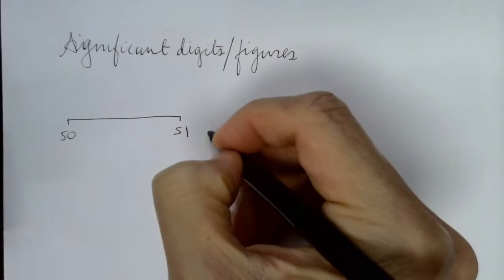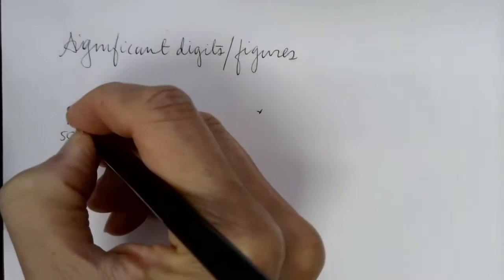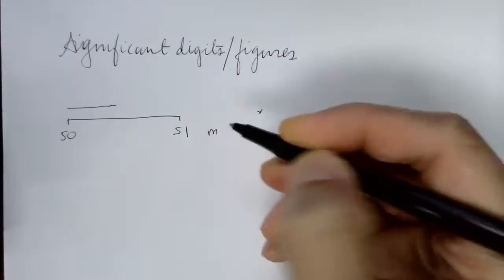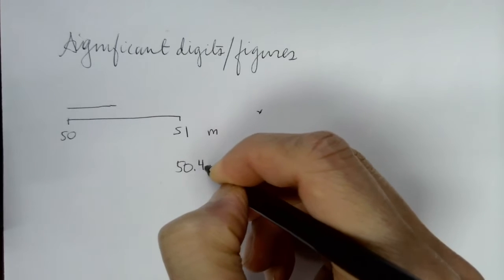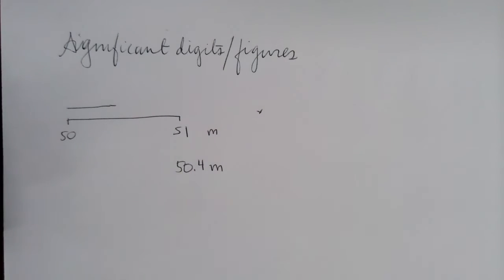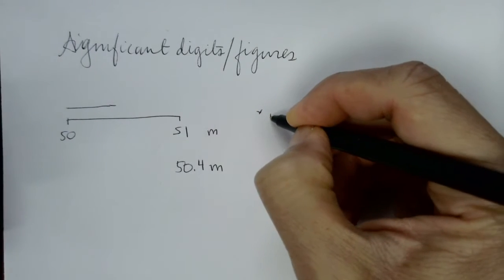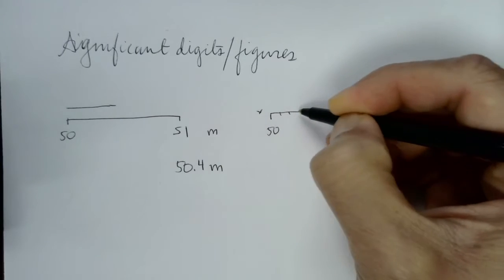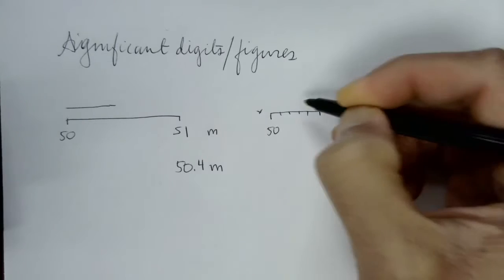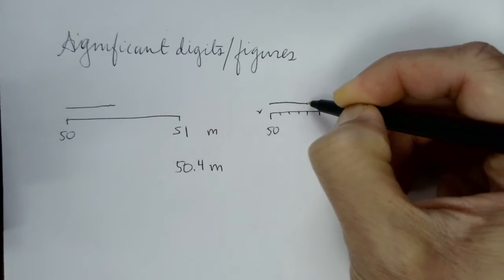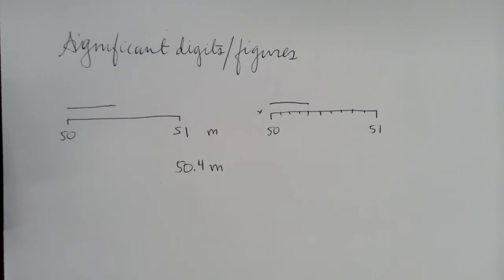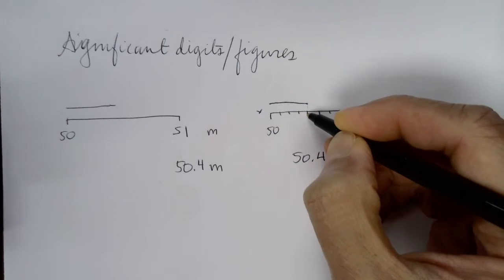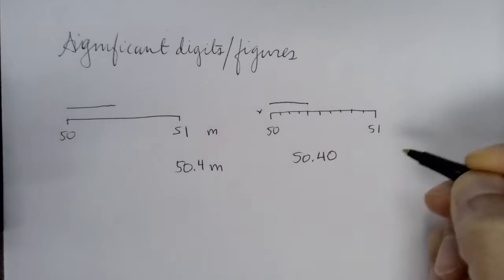So remember from the example today, there's a difference between if I am measuring something, let's say this is in meters, we did centimeters today, but let's work with meters, and I'm estimating a certain length to be 50.4 meters, and that's different if I actually have markings that indicate tenths of a meter, and I can see that that length is exactly 50.4 meters.